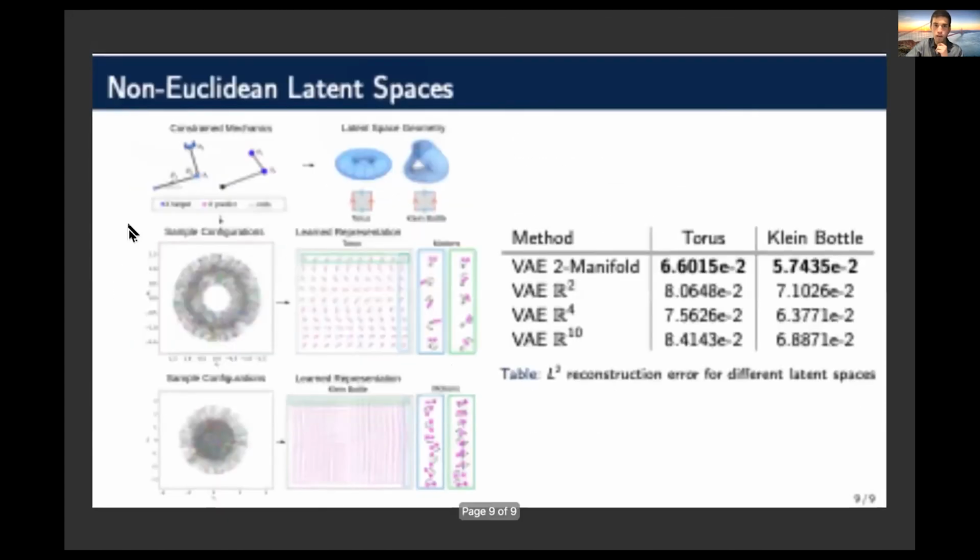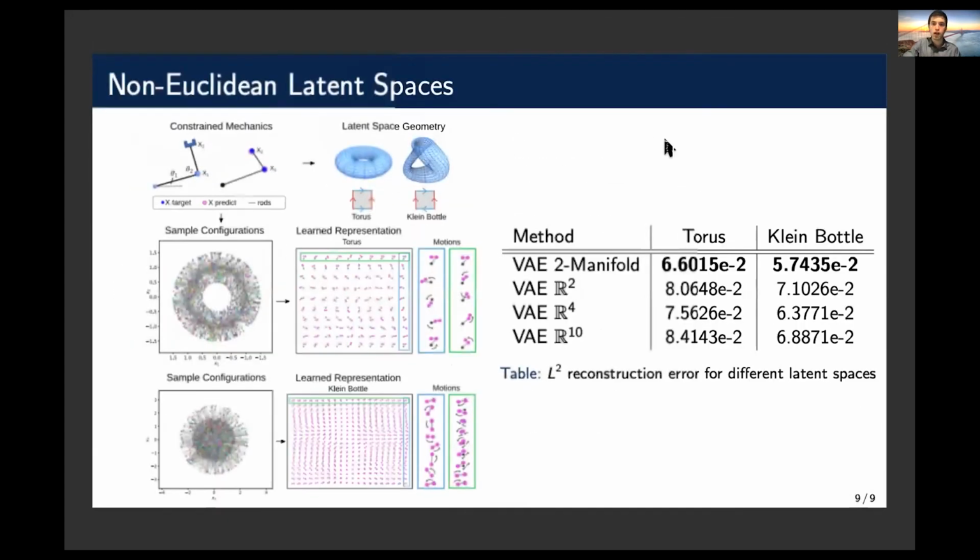So here are some results applying these non-Euclidean latent spaces. We considered both the torus and the Klein bottle example for not dynamics, solely for reconstruction. And we considered these constrained mechanics problems where we have an arm here, which has a joint x1 and the end of the arm x2.